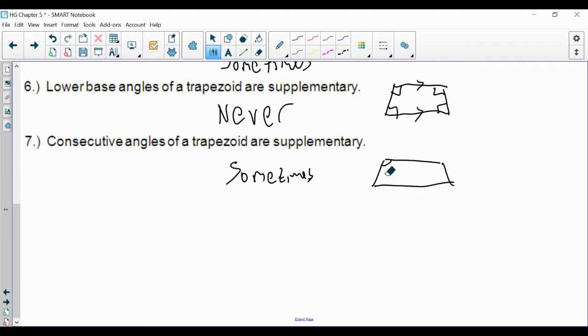We know these two angles are supplementary, but these two angles are not. We don't know. They could be congruent, but they don't have to be. That would make it an isosceles trapezoid, but within its own shape, for trapezoids it's sometimes that consecutive angles are supplementary.